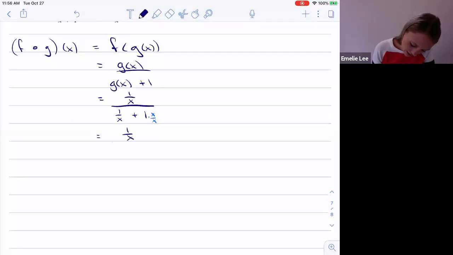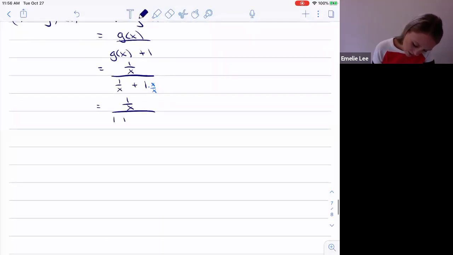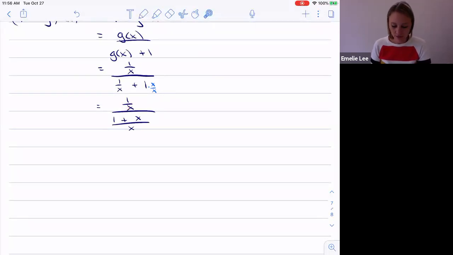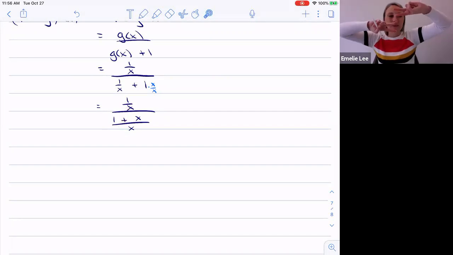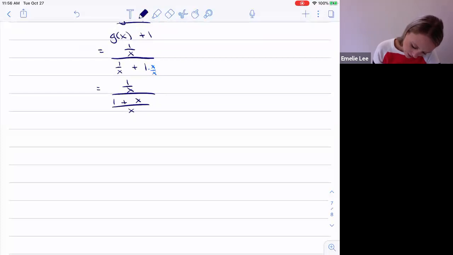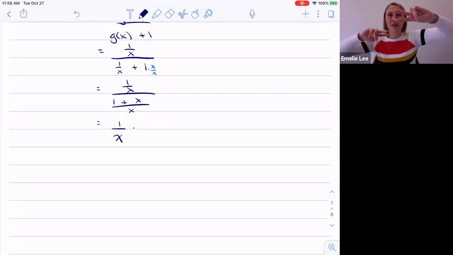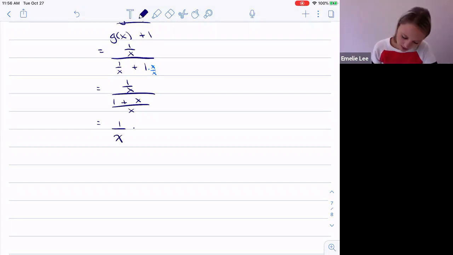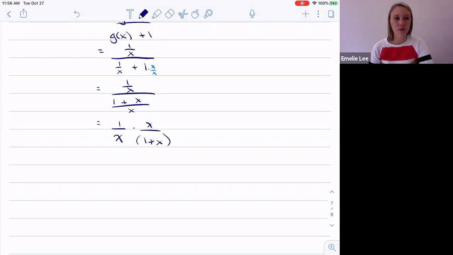So 1 over x over 1 plus x over x. Now I've got a fraction over a fraction. Even though it looks nasty, I can flip and multiply. And so I get 1 over x times, and then 1 over x, 1 plus x over x becomes x over 1 plus x. I'm going to put brackets around the 1 plus x to signify that those hang together.